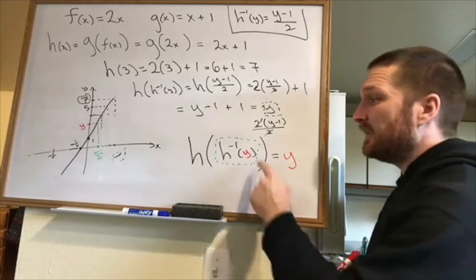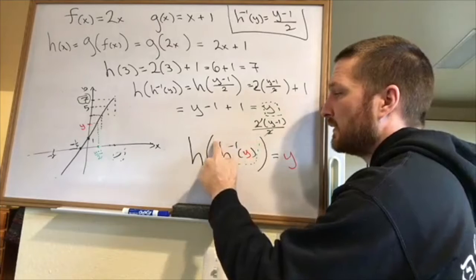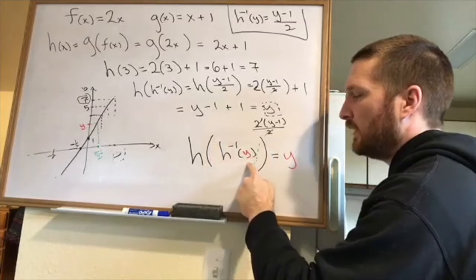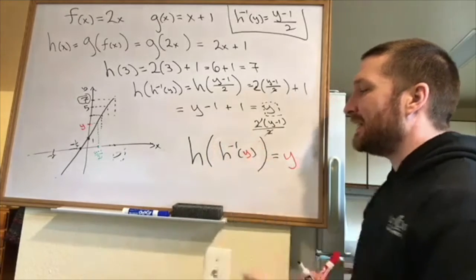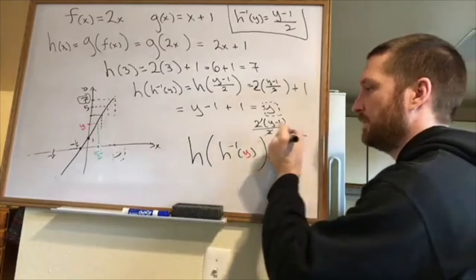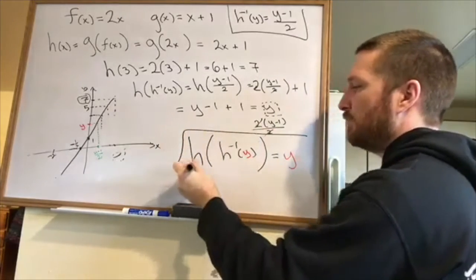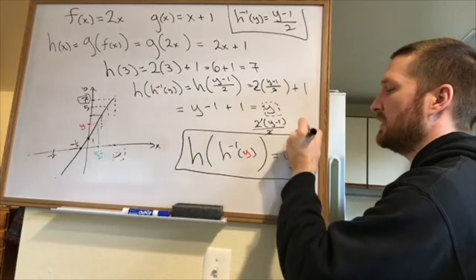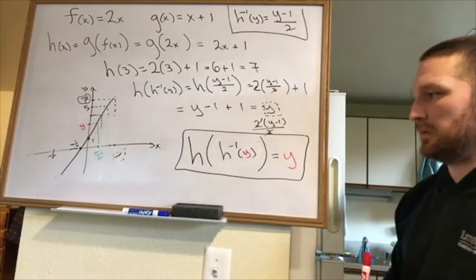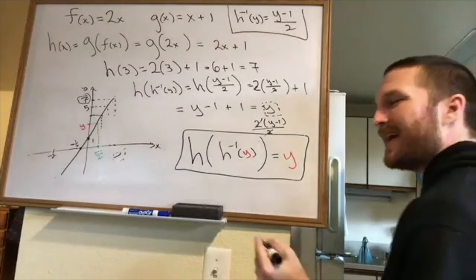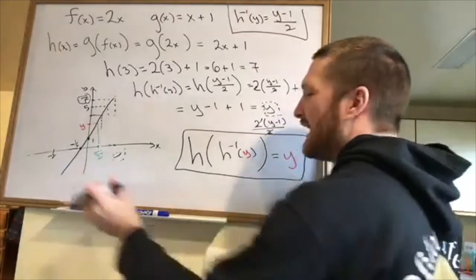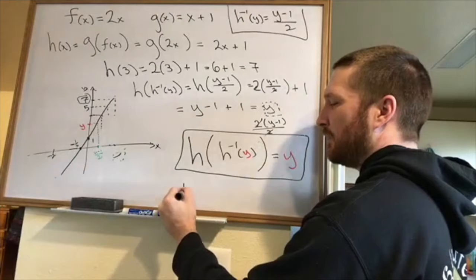Now, this nifty little formula right here will work for any function. And this is a brilliant way to check that your inverses work. The other one, we haven't even talked about it yet, and we're not going to until we really get into parabolas.